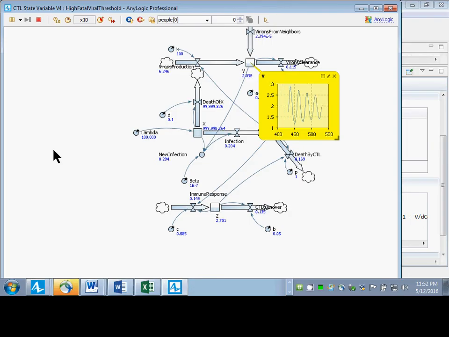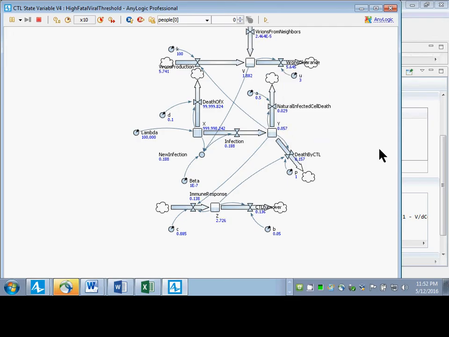Now, ladies and gentlemen, these sort of models are very important to understand, because system dynamics is exquisite for depicting regulatory processes that involve feedback. And here there's many types of feedback.